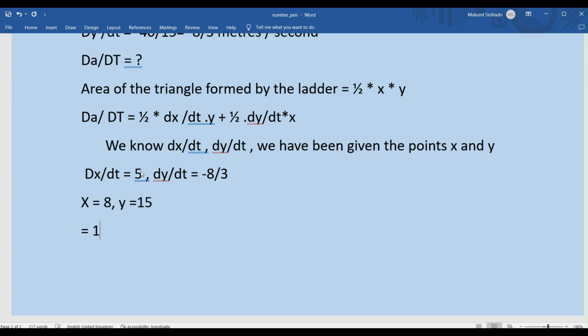So let's apply these numbers into the formula that we have.